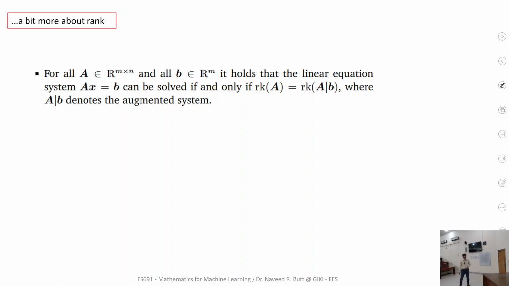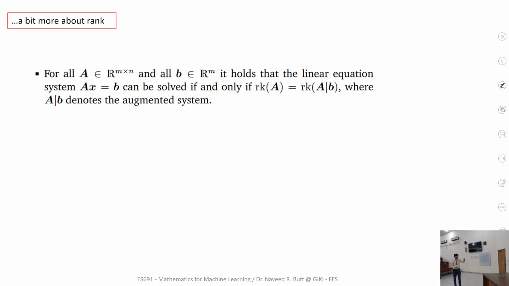क्यों है ये? If rank A equals rank A को लिखें और उसके साथ B भी लिख दें, दोनों का रैंक बराबर हो तो क्या मतलब होगा इसका? हाँ, लेकिन इस दोनों के रैंक बराबर है क्या मतलब? वो तो कॉन्सिक्वेंस हो गया ना. मतलब बी ने कुछ नया ऐड ही नहीं किया उसमें. ऐसे ही है ना, अगर दोनों का रैंक बराबर है तो बी ने कुछ भी नया ऐड नहीं किया. किस सूरत में वो नया ऐड नहीं करता? जब वो लीनियर कॉम्बिनेशन हो पहले ही उसका. ठीक है, तो it's the same thing being said in a new way.